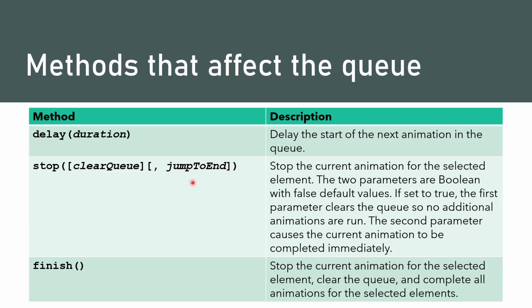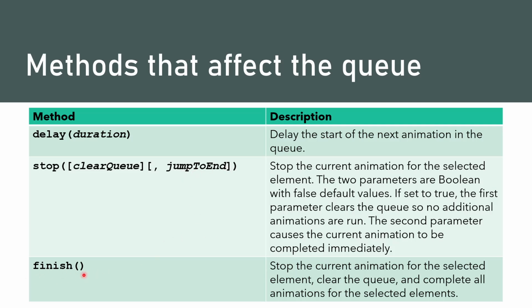And then this second parameter will cause the current animation to be completed immediately. So the jump to end means that for the current animation, it will just immediately complete it, jump to the end of the current animation.